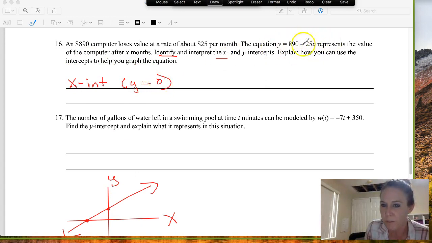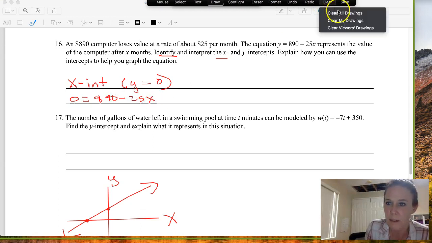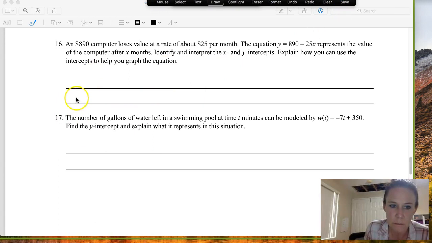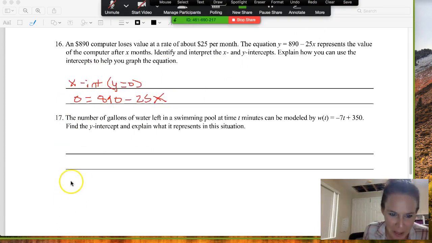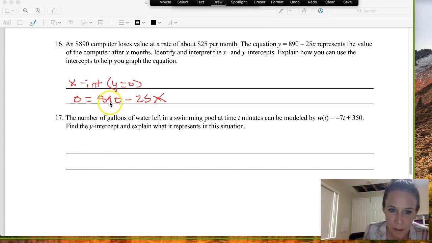So here's my equation. I'm going to make y be 0. 0 equals 890 minus 25x. Now solve for x. All right, so I'm going to come down here and solve for x.